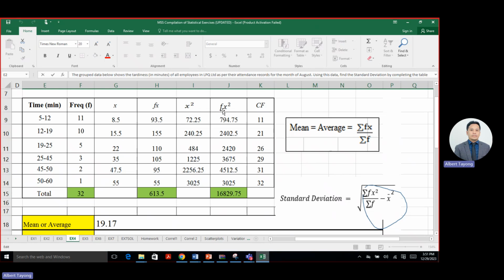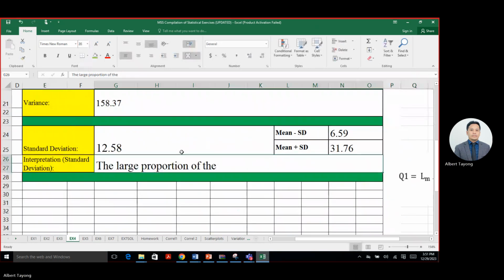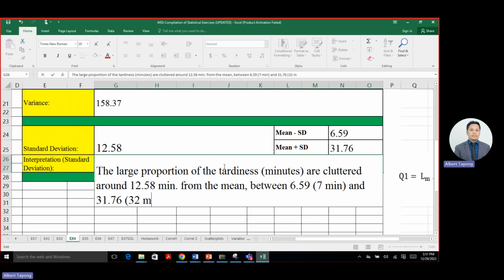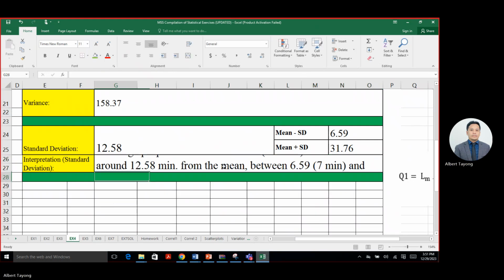So the large proportion of the tardiness in minutes are clustered around 12.58 minutes from the mean, from the average, between 6.59, or approximately 7 minutes, and 31.76, approximately 32 minutes.